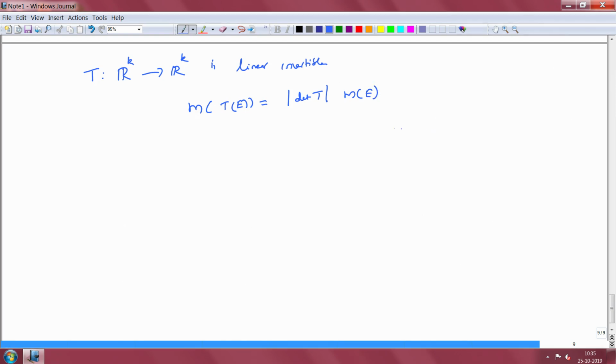So, let us write that in the integral form. This is the integral over R^k of chi of T(E), and I will put the x just to indicate that integration is with respect to the variable x, because we will be changing the variable now. It equals the modulus of the determinant of T times the integral over R^k of chi E of x dm(x).